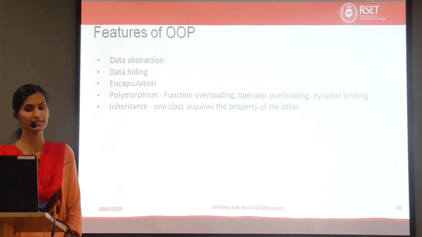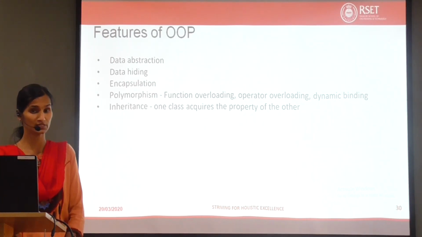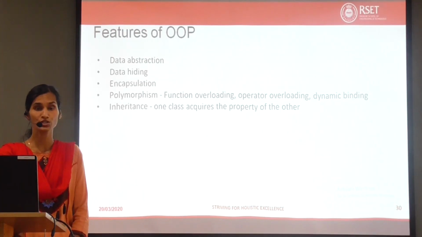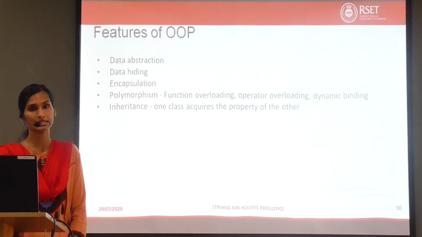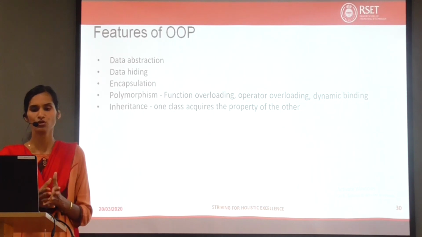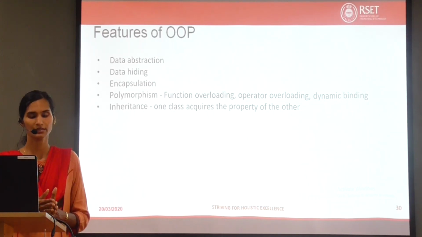Abstraction, hiding and encapsulation are what we discussed now. Abstraction means all data are abstract, and you can use abstract data in your classes and objects. Hiding is by protecting variables and the private variables that you use. Encapsulation is a combination or a package of both abstraction and the data hiding process.